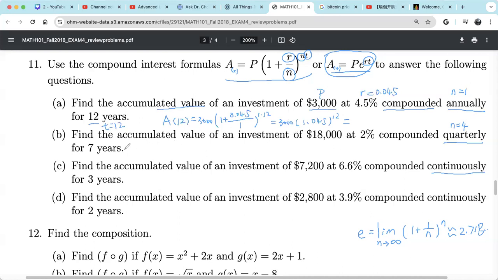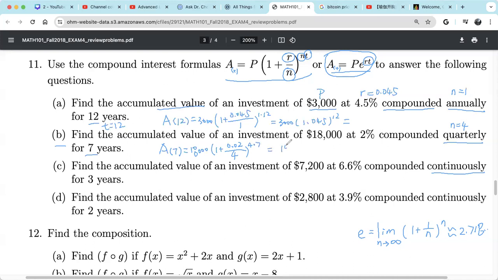Okay, B. A of 7 years, so t is 7. A of 7 equals 18,000 times 1 plus 2%, which is 0.02, divided by 4, since compounded quarterly means there are 4 quarters in a year, then raised to n times t. n is 4, t is 7.